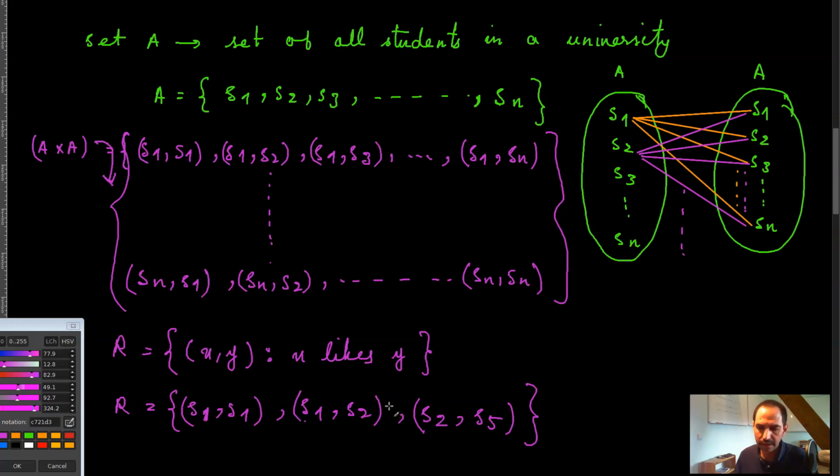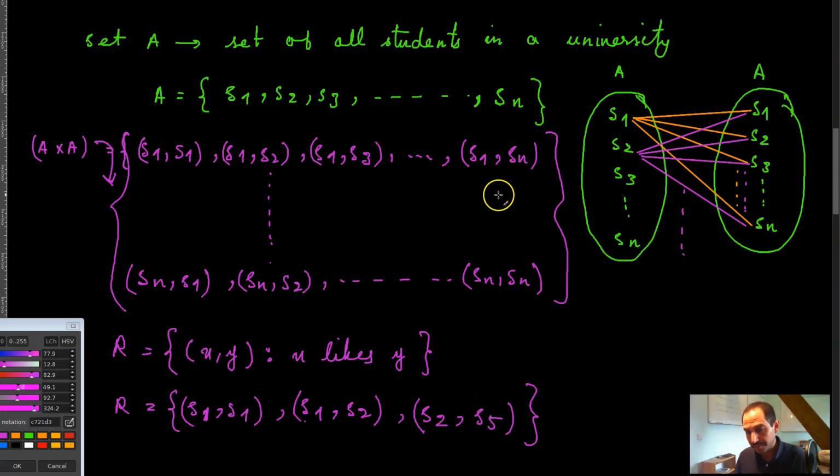That's the only human relationships in that university, meaning that one person likes himself or herself and another person, and there is also another person that likes another person. So that is going to be the relation that you have, right?